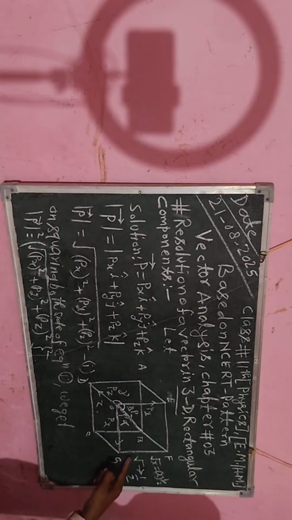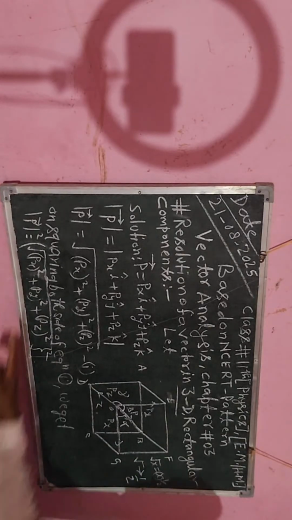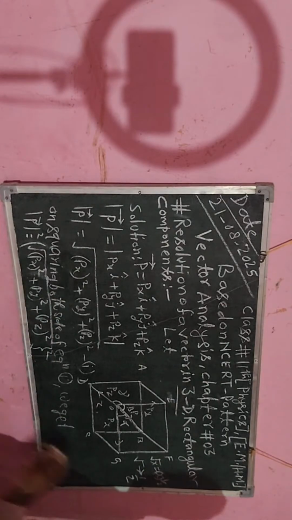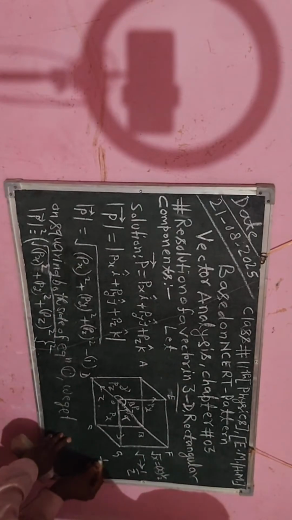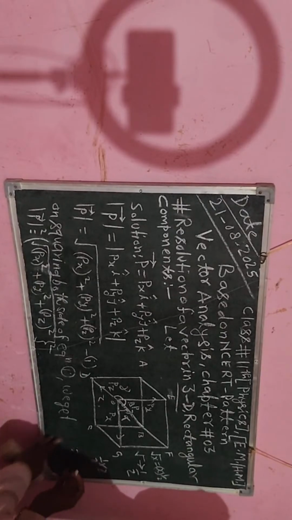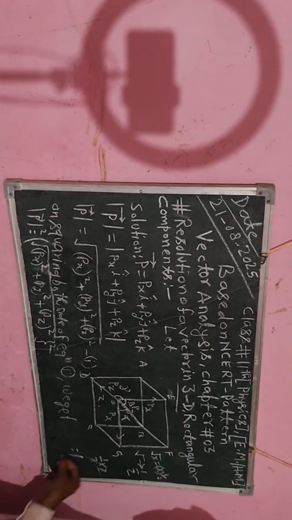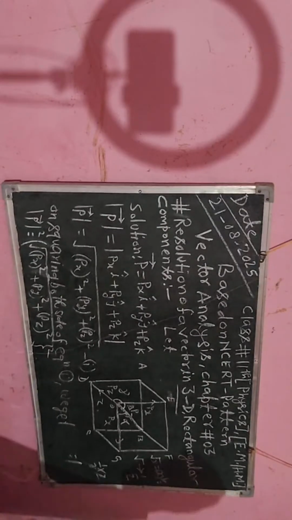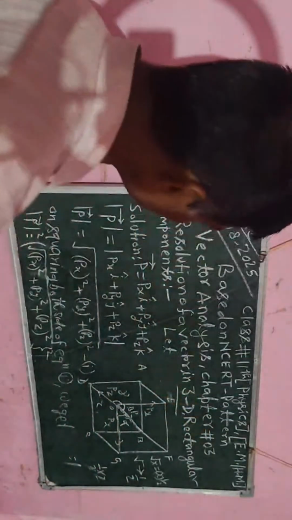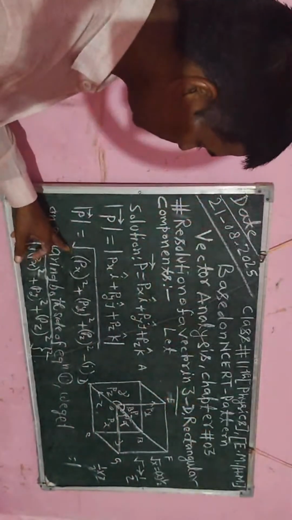So here I will put root 1 by 2 and here will be 2. So 1 by 2 into 2, that will be 1, and the 2s will be cancelled. So I will simplify, and after simplifying I will write the required information. Okay, so positively this value I have to save.